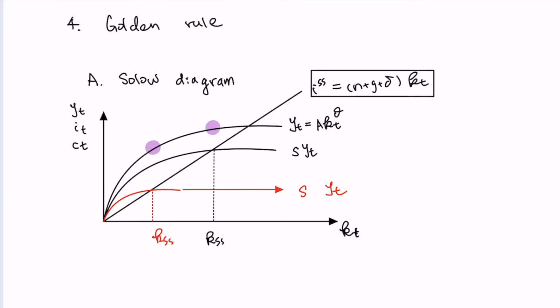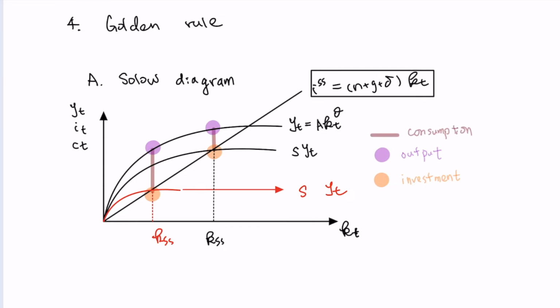The height highlighted by purple is the size of the output. Moreover, the point highlighted in orange is the size of the investment. So the distance between the purple dot and the orange dot is the consumption.